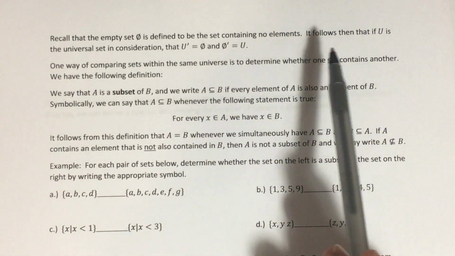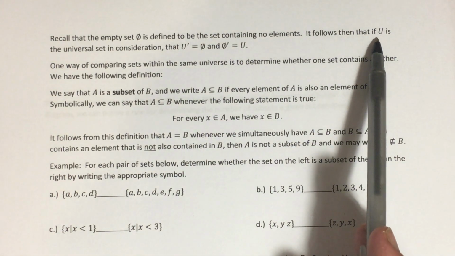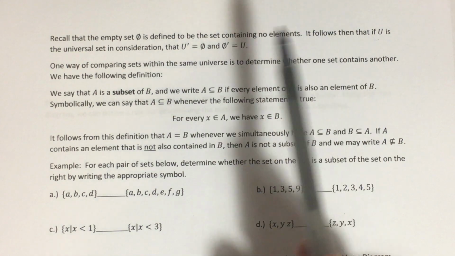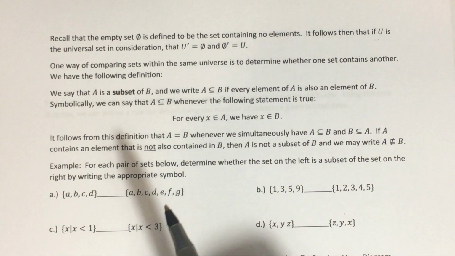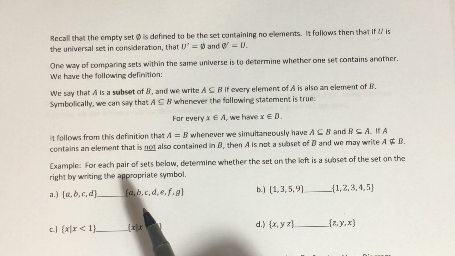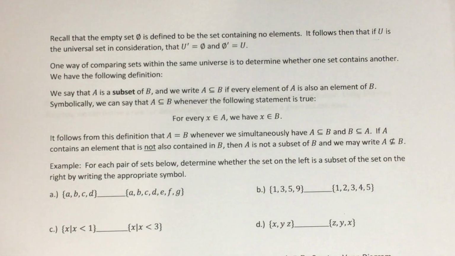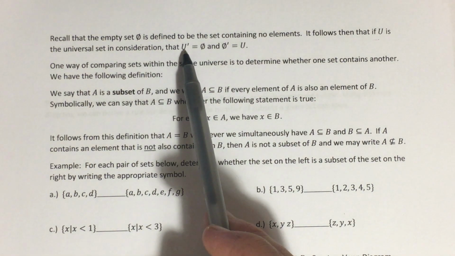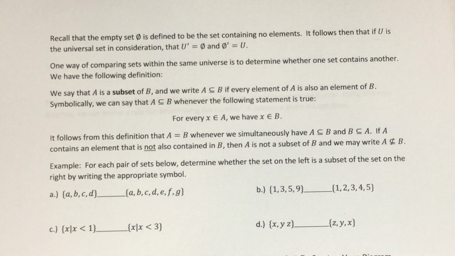Now, if we're working within a universal set U, then what is U complement? Well, I'm not going to create a Venn diagram for this because it wouldn't really be as illustrative as these examples are. But by definition, U complement should be the set of all elements that are in the universe, but are also not in the universe.